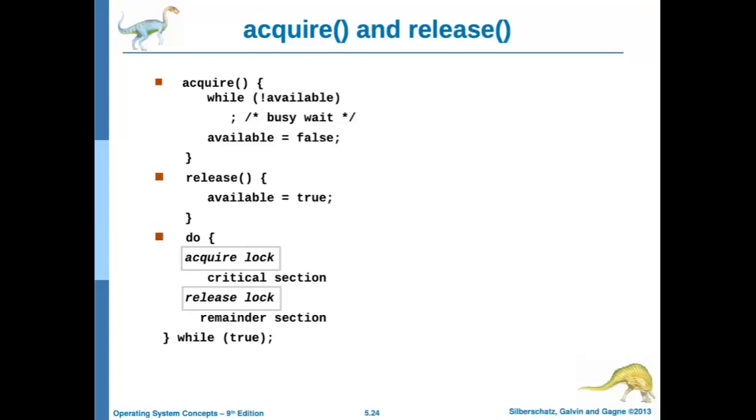Looking at this code, acquire. Exactly, false. So now if I read something like while not false, negation of false is true. So if it is not false, you have to wait. Once you're done, you make available equal to false. Something like this. That is how to acquire the lock.